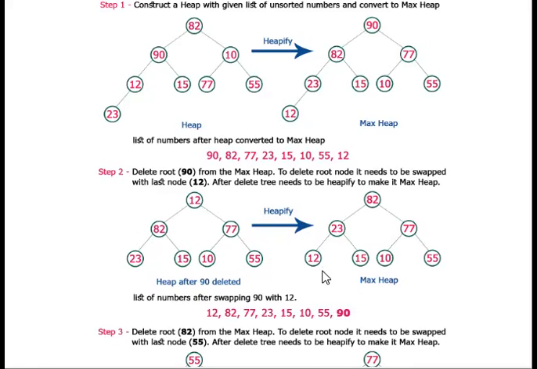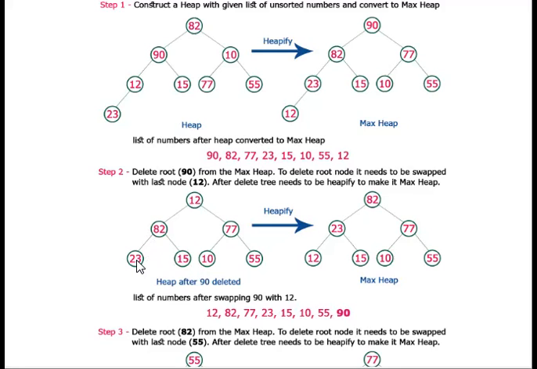Then in the same way through the binary tree, we have to compare the two nodes. If it is greater, we swap the element. Now we compare these two things.